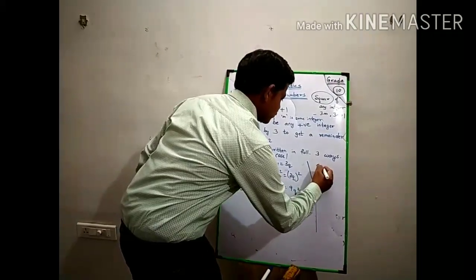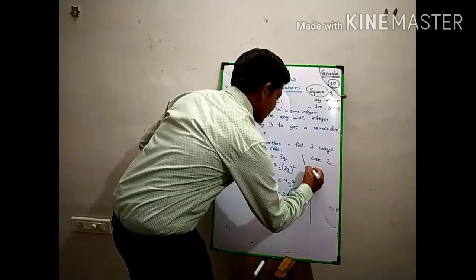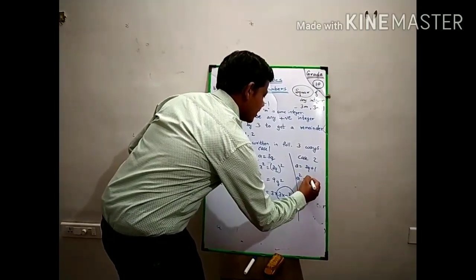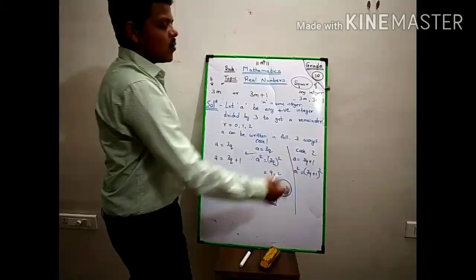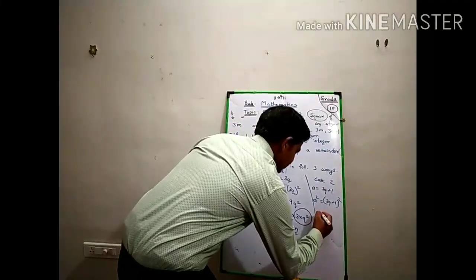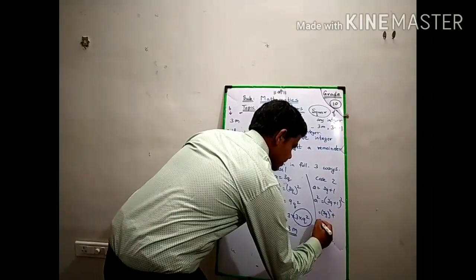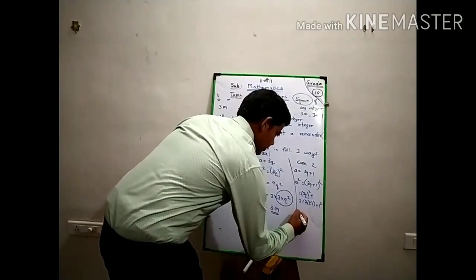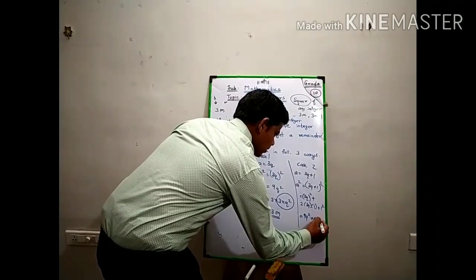Let us check case 2. What would be case 2? Case 2 is a is equal to 3q plus 1. So a square would be 3q plus 1 the whole square. How do we open the bracket? a plus b the whole square is equal to a square plus 2ab plus b square. Let me open it. a square plus 2ab plus b square, which gives me 9q square plus 6q plus 1.